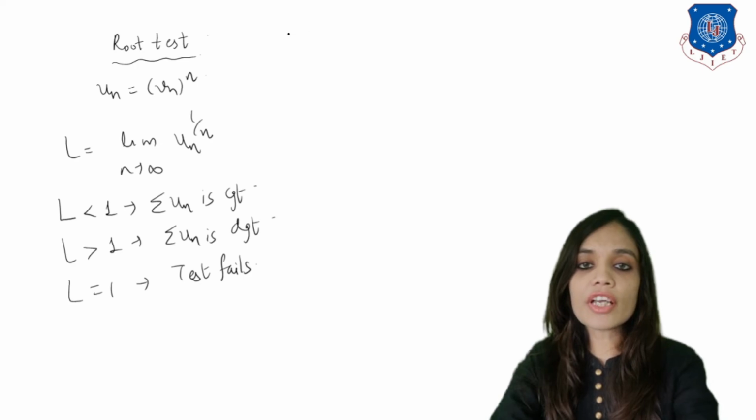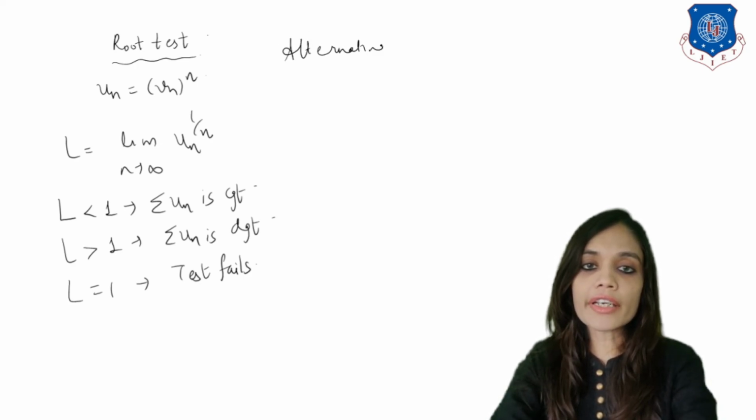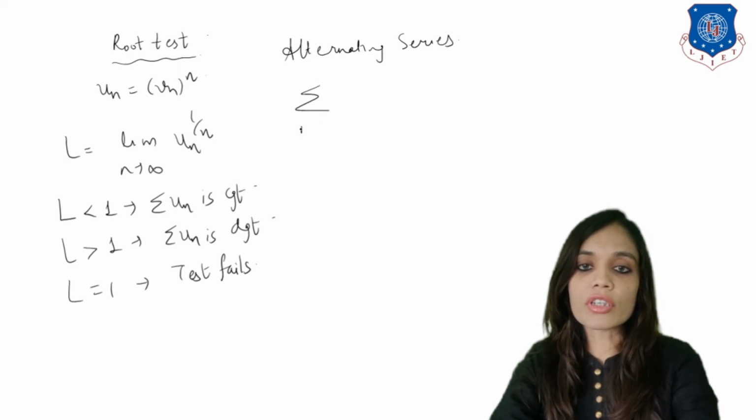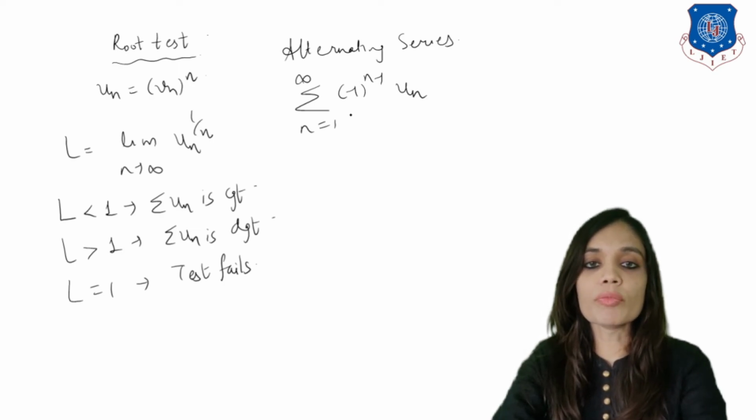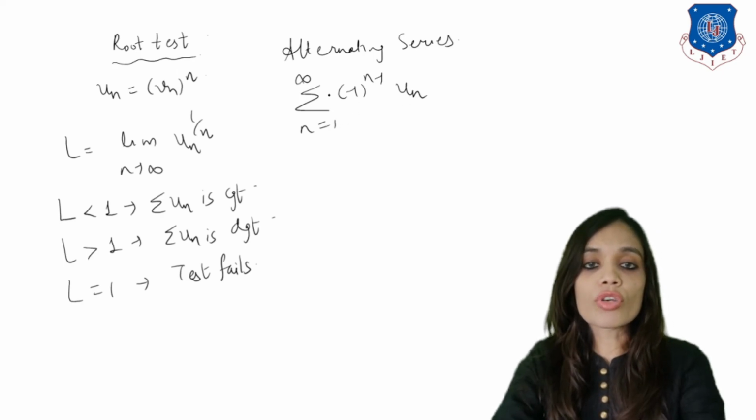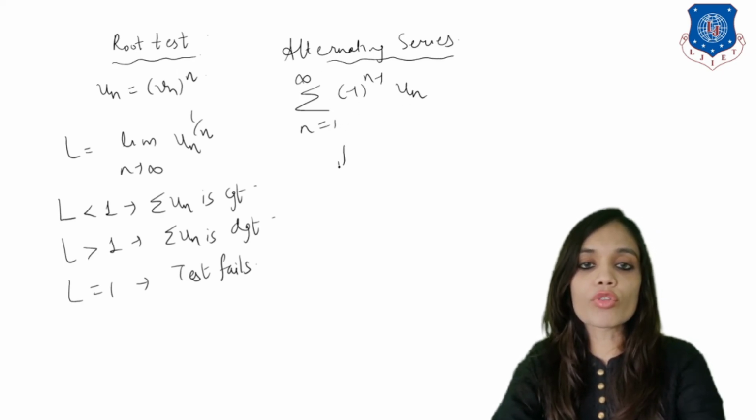Next we have studied alternating series, right? Which is of the form summation n equals 1 to infinity (-1)^(n-1) times un. That is, you will have alternate positive and negative terms. So in this type of series, you have to apply which test? Leibniz test, right?